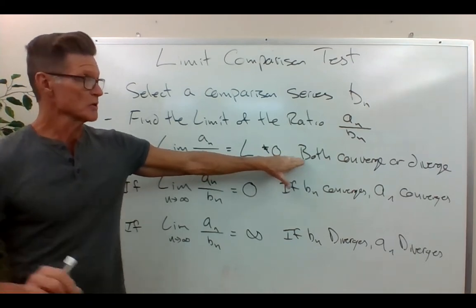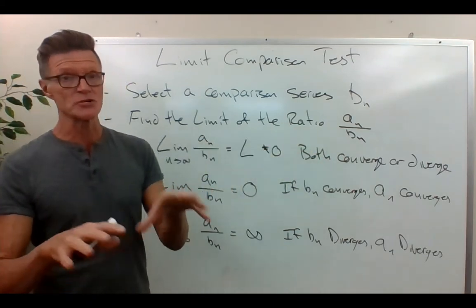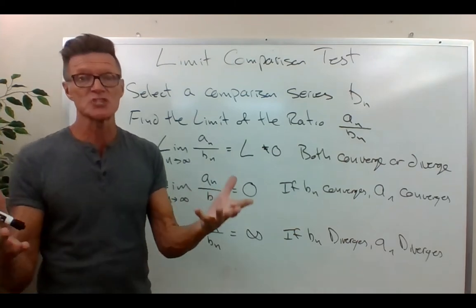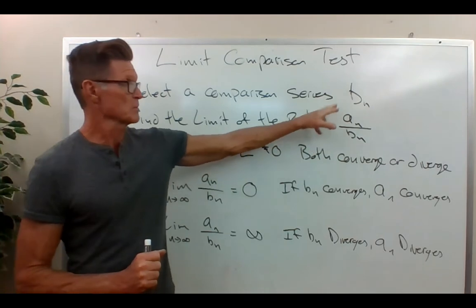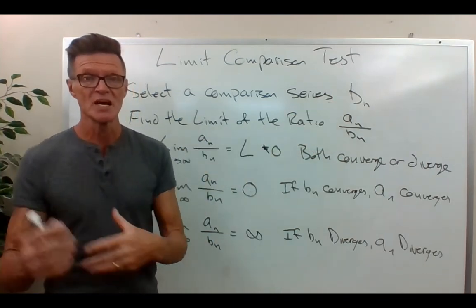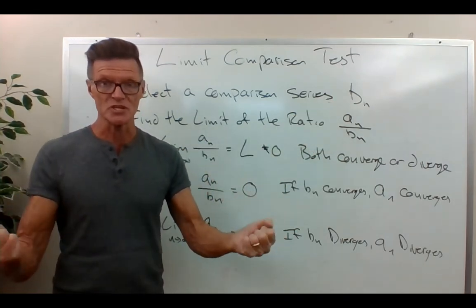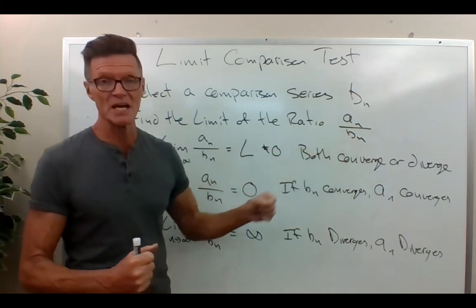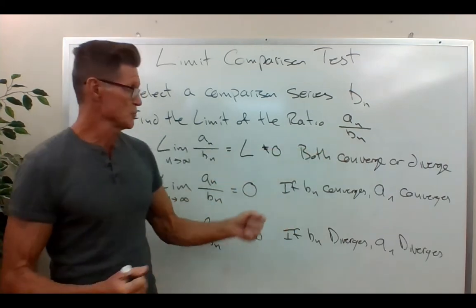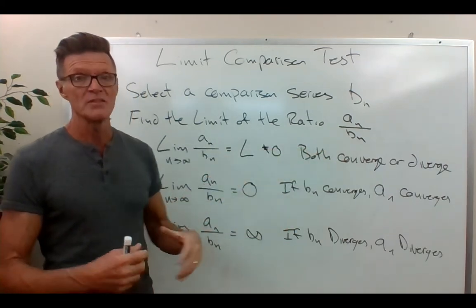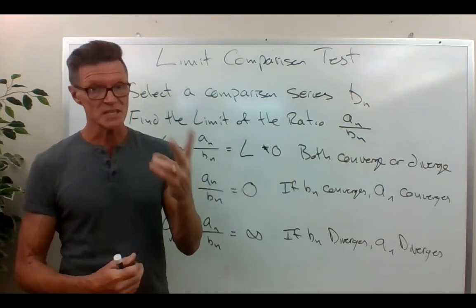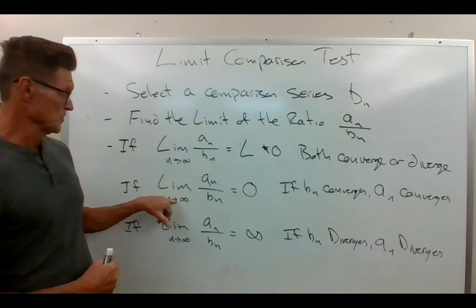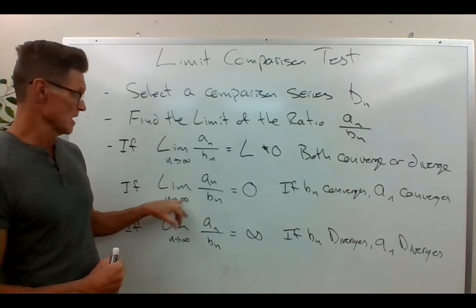And since you already know whether B sub n converges or diverges, you're pretty much done. So if you get a limit of L and you know that your comparison series converges, then the given series converges. If you know that B sub n diverges and you get a limit L, then your given series also diverges.